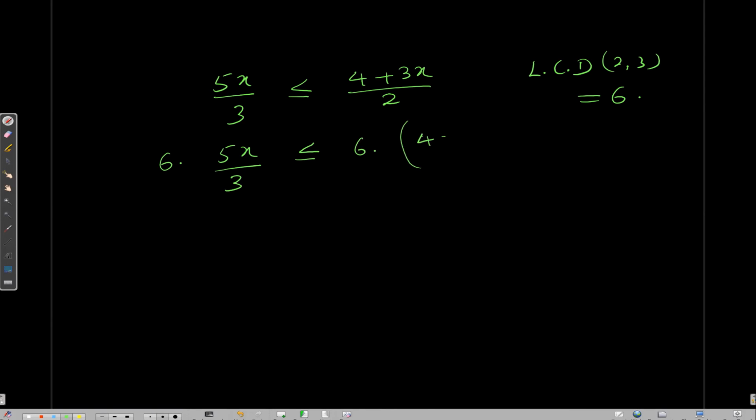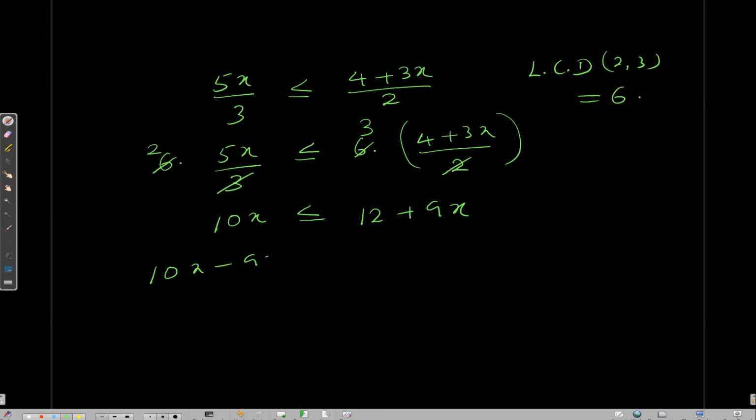And I'm going to use parentheses in order to avoid mistakes. So 3 times 2, and that gives me 10x. 6 times 3 is 2 times 3. Now when I distribute, I get 12, 9x. Now I would like to subtract 9x from both sides in order to get rid of x terms on my right hand side.